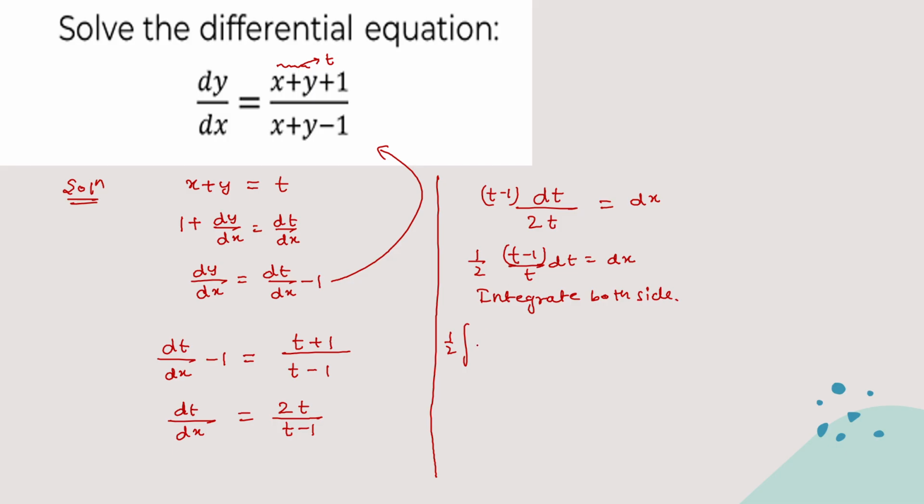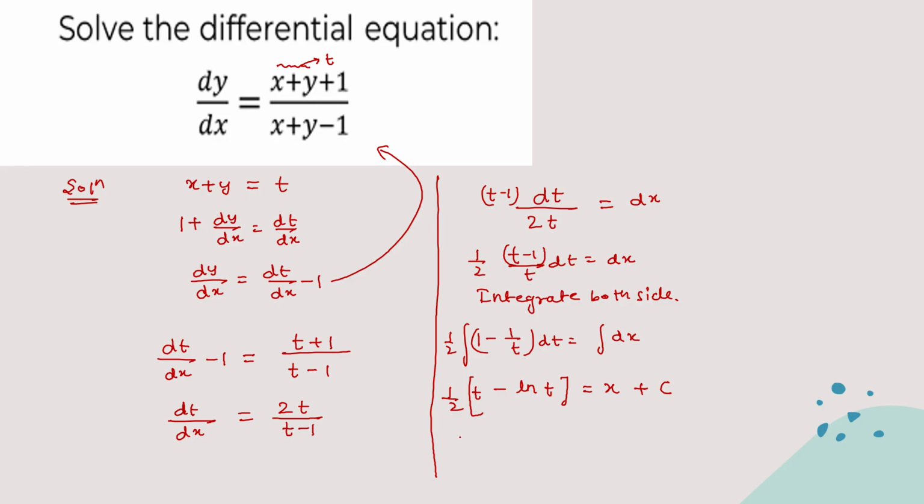Achha, t and t will be divided, so it will become 1 minus 1 by t into dt is equal to integration of dx. So the integration of 1 will become t only, and integration of 1 by t will become ln t is equal to integration of dx will become x plus c, right?